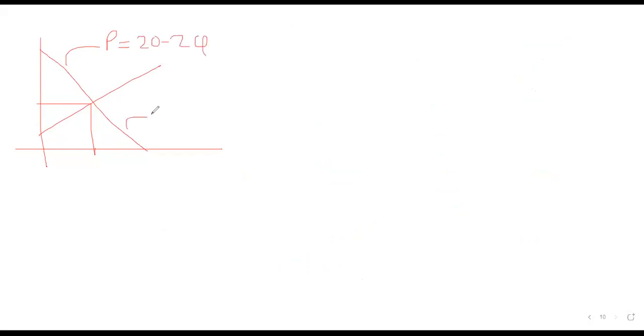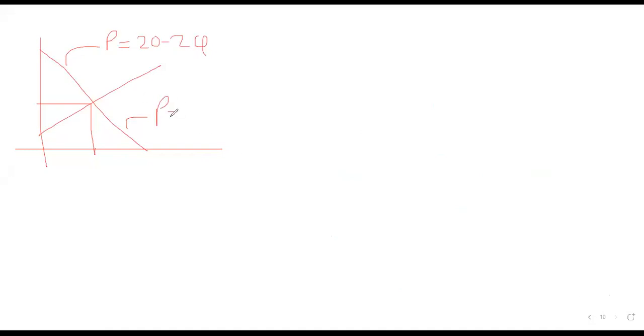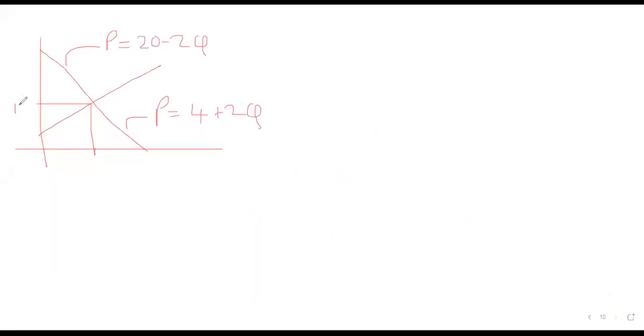And our supply was given by P is equal to 4 plus 2Q. What was our equilibrium? 12, 4. So here is our consumer surplus and our producer surplus.